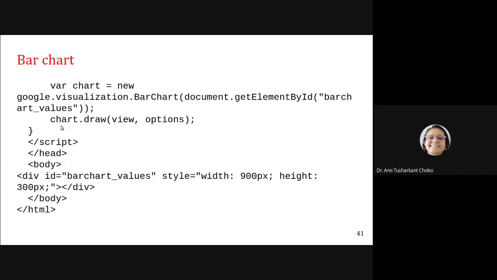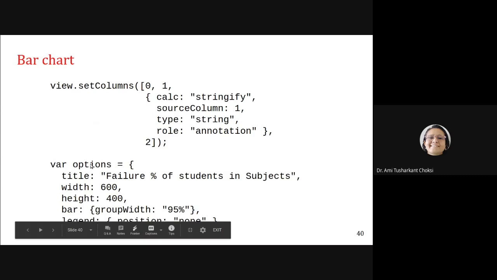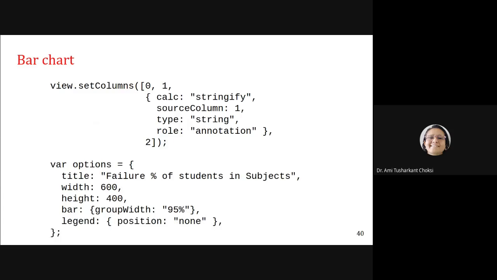So chart.draw is to draw the chart. View is a variable which we have already set, and the options which we have just specified here. What is the title? What is the width, height? What is the bar, meaning what is the group width? What is the legend? That's what we have specified.